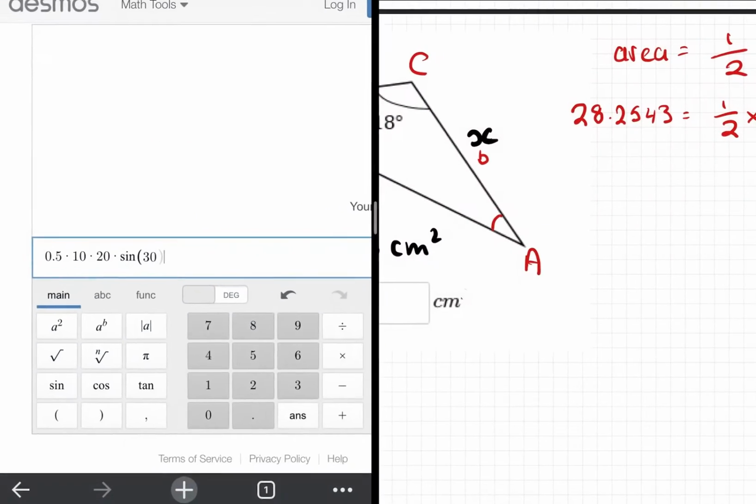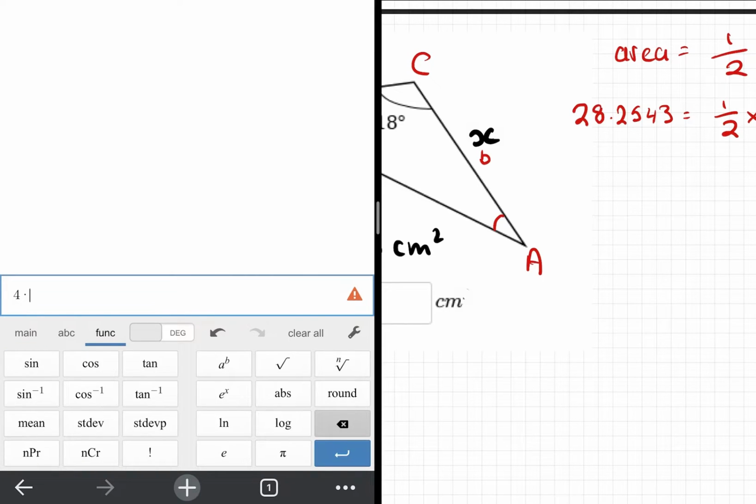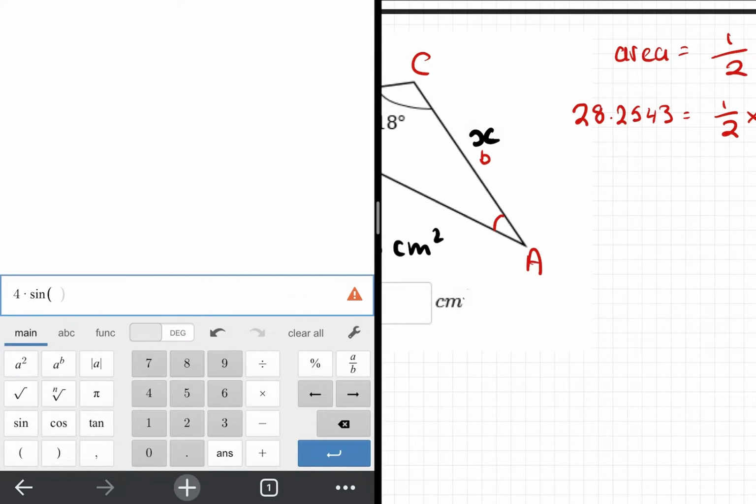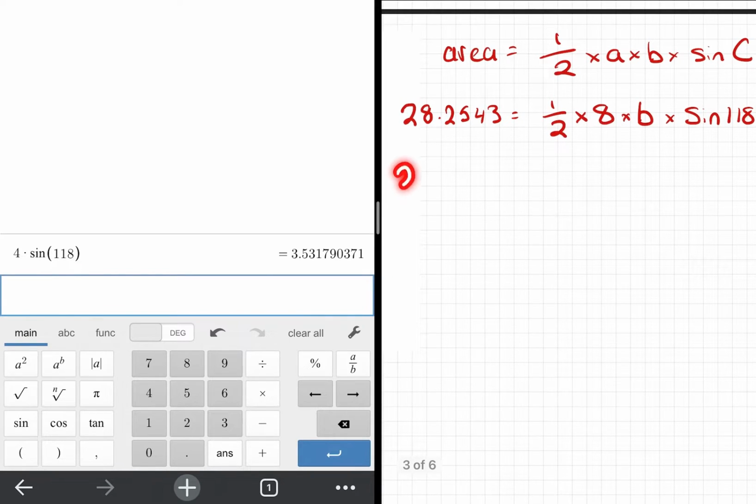So, in our calculator, 4 times sine 118, and there we are, hit equals. Okay, so we now know 28.2543 equals 3.53 ... I'm going to keep this in my calculator, times our unknown b.